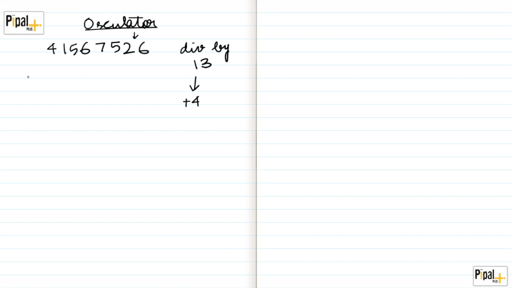So 4156752 plus the last digit 6 multiplied by positive 4, that is 4156752 plus 24, which gives me 415776. Now straight away I have eliminated one digit in what I am testing.